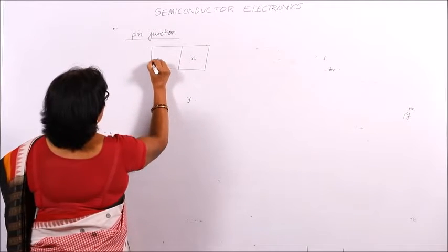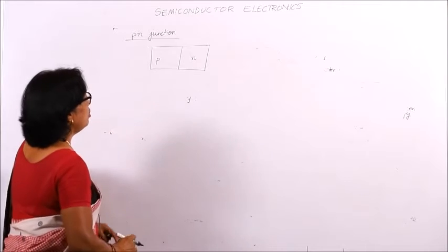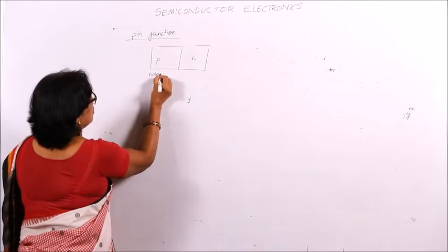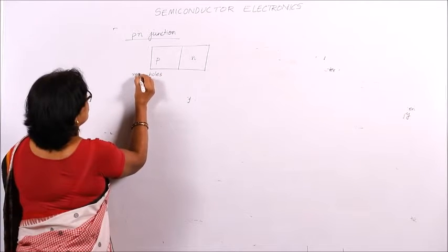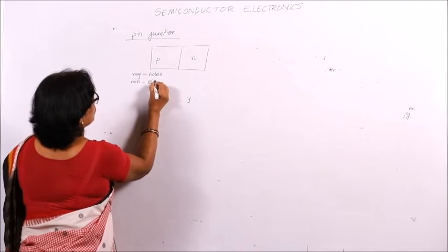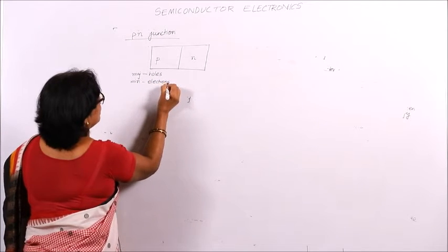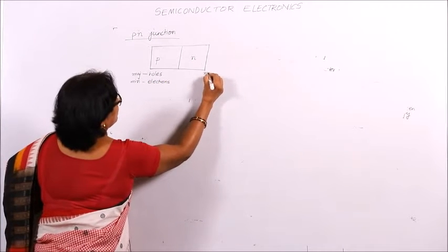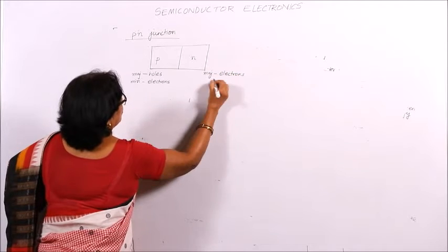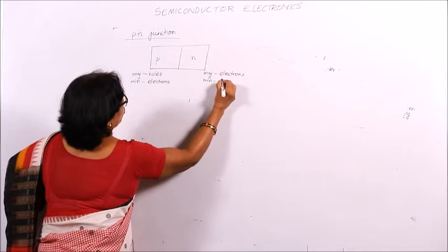Both have the same width, let us say. I have already told you that the p side has mainly holes as majority carriers, and minority carriers are electrons. In the n side, the majority carriers are electrons and minority carriers are holes.